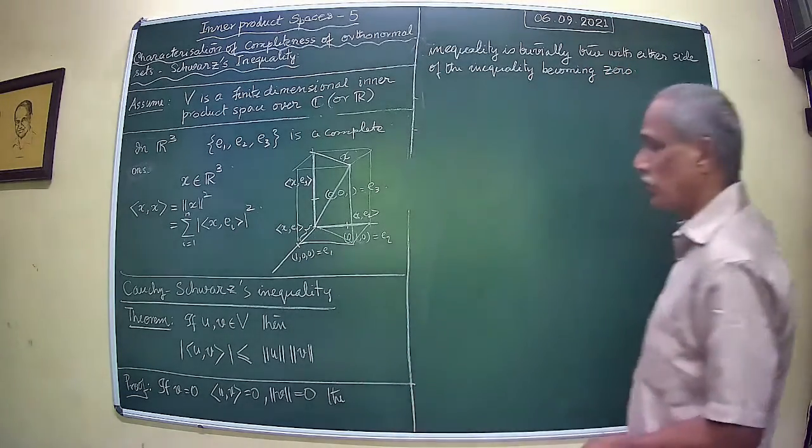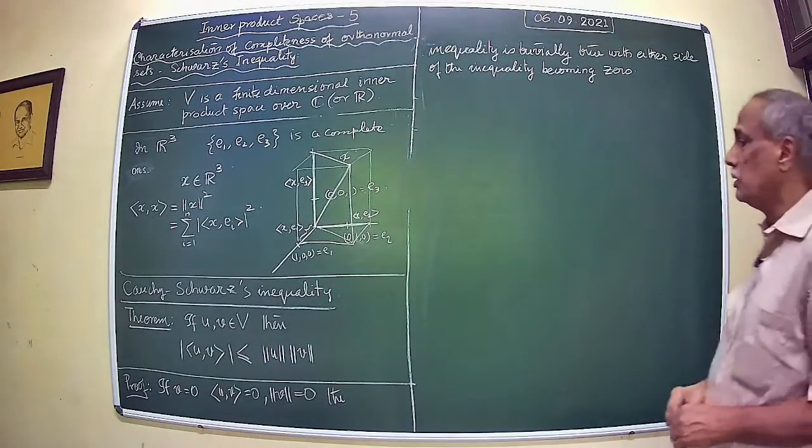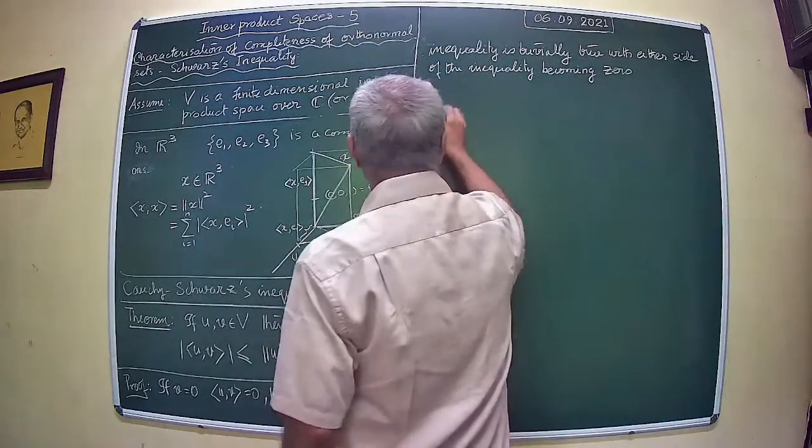You get 0 equal to 0. So let us assume V is not equal to 0.